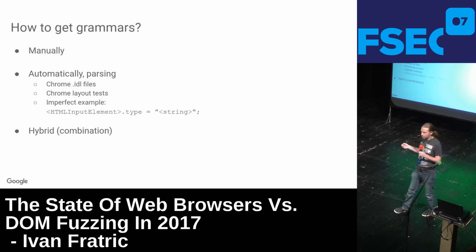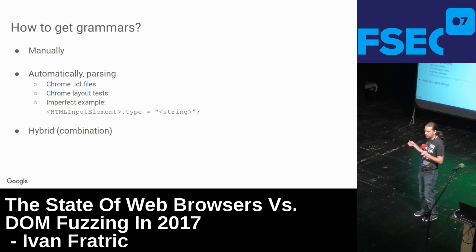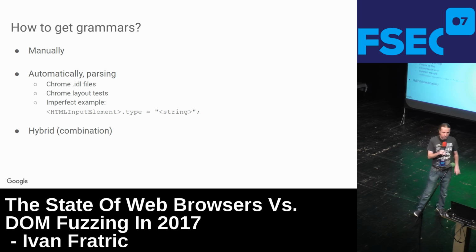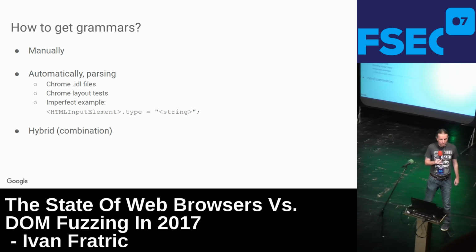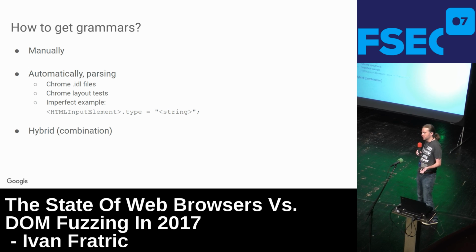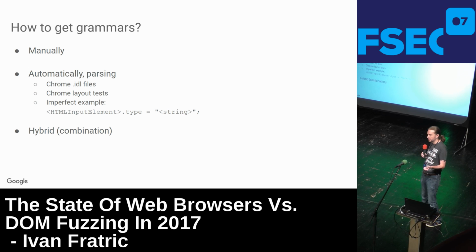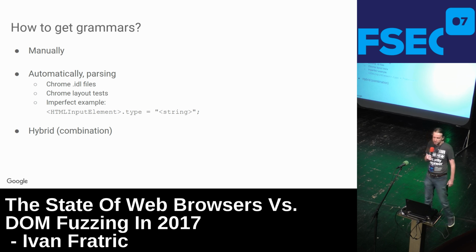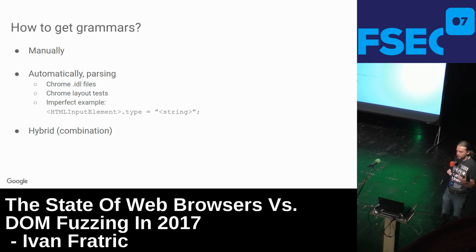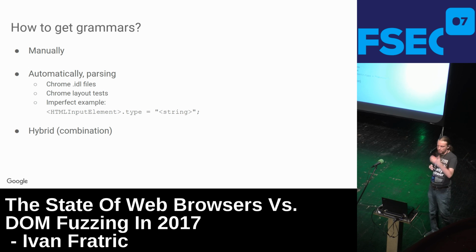So for example, from Chrome IDL files, which contain information about JavaScript interfaces, and from Chrome layout tests, from which I extracted HTML properties, CSS properties, and SVG properties as well. So I started with this automatically extracted set of grammars, but then I did a manual pass over them to try to improve them as much as I can.